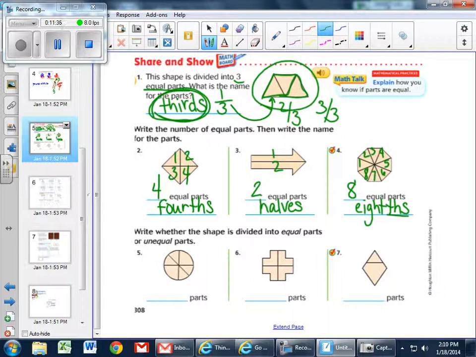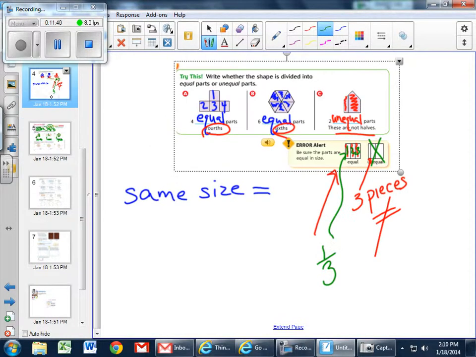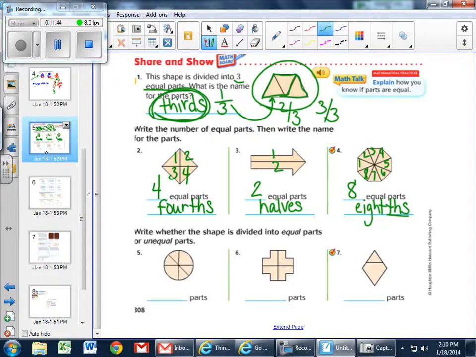On the bottom, it wants you to tell whether it's equal or unequal parts, and that's what we did up here on the top of your page. Remember, I just cut my page in half so it will show better. So you're going to look at 5, 6, and 7 and write whether it's equal or unequal parts. So looking at 5, are all of these pieces the same size? Hopefully you're saying no, so you know that they're unequal parts.